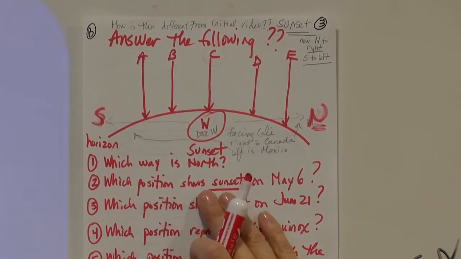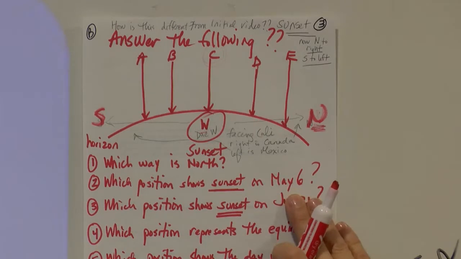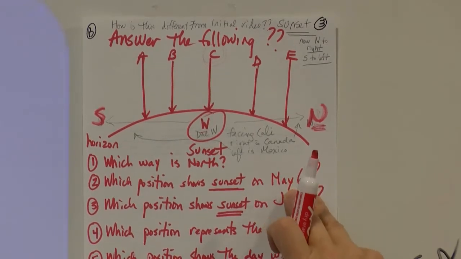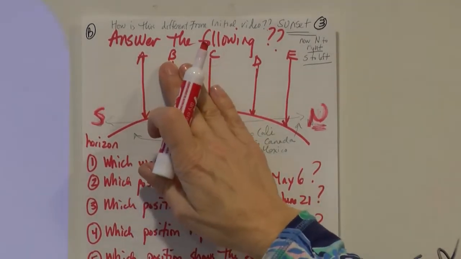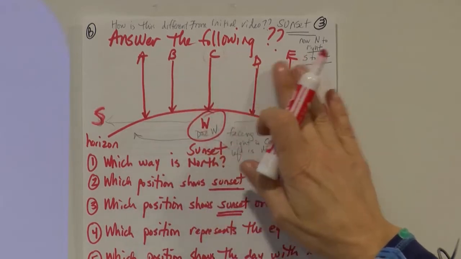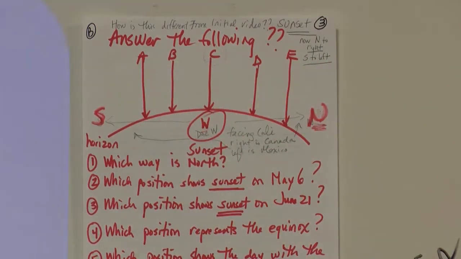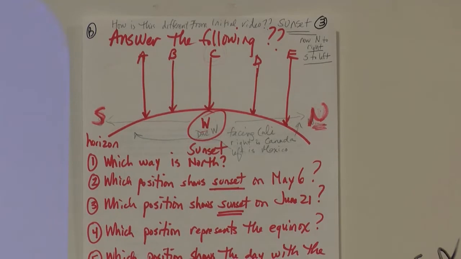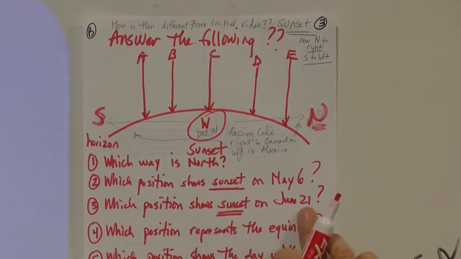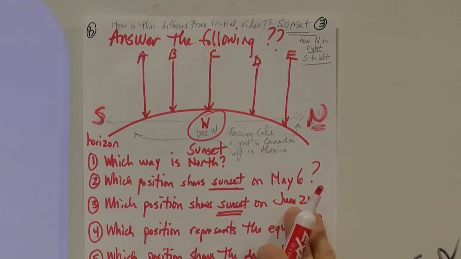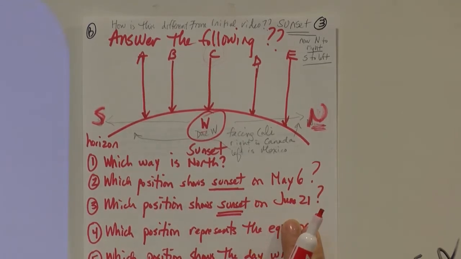Which position shows sunset on May 6th? Okay. Is it A, B, C, D, or E? You have to talk about it with your group. You have to figure that out. Which one shows sunset on June 21st? Okay, this is our hemisphere.